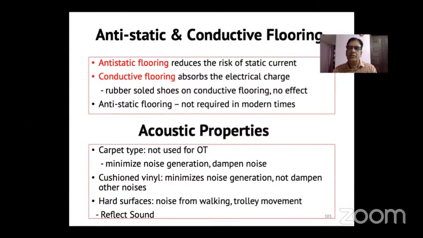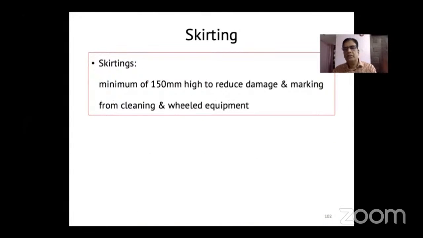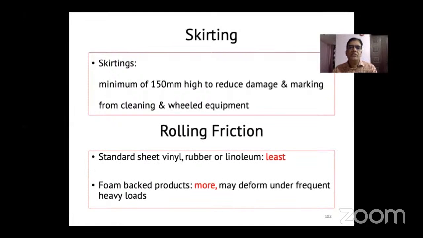It should never produce sound when we walk on the floor or equipment is being drawn on the floor. And there should be no reflection. And skirting in the operation theatre, there is advice for a minimum of 15 centimeter tall skirting to avoid damage and marking from cleaning and field equipment. Friction should also be minimal.